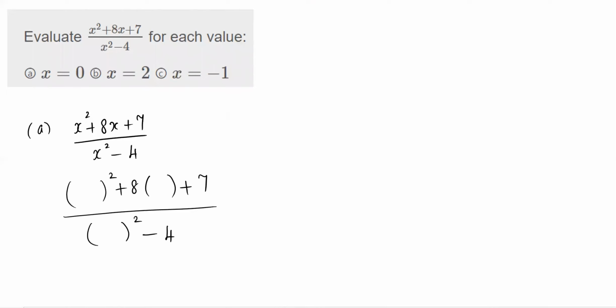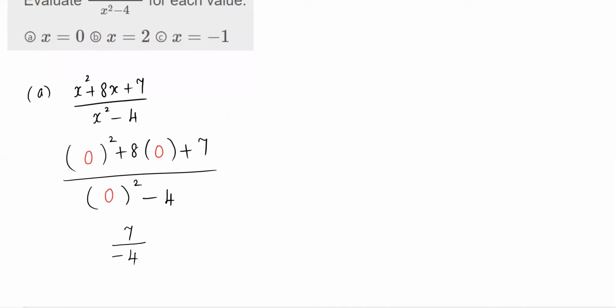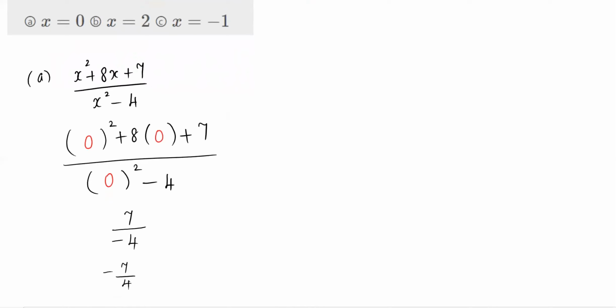And drop in 0 for all your x values. That's fun because the numerator just becomes 7 and the denominator is simply a negative 4, because all those zeros go away. That just gives us negative 7 over 4. We'll box that.